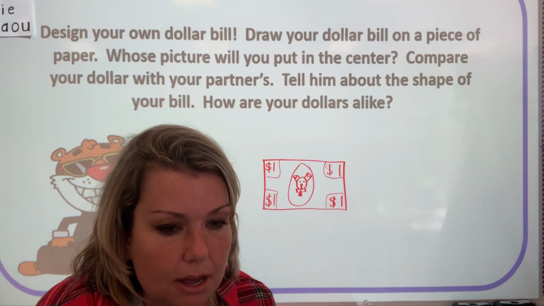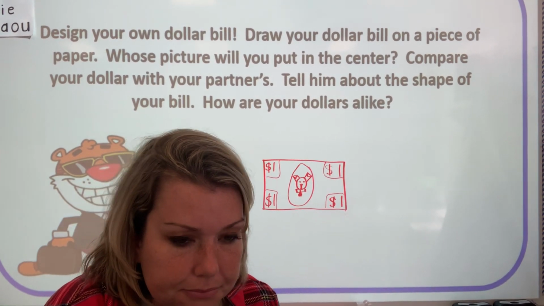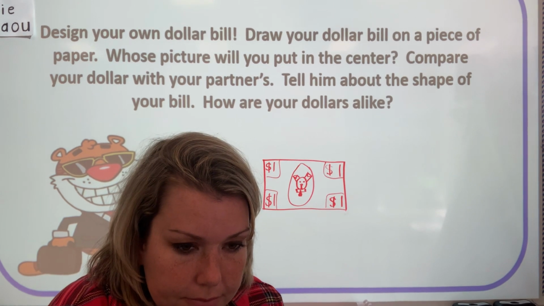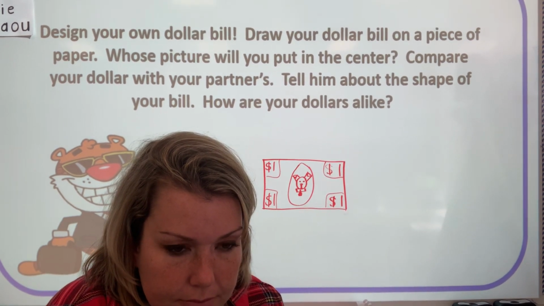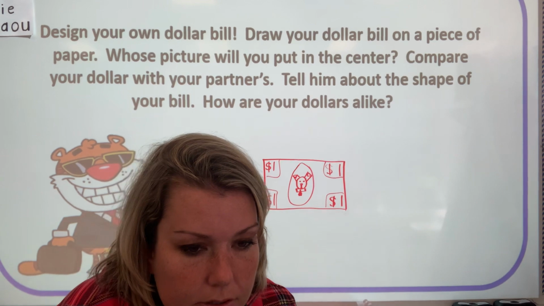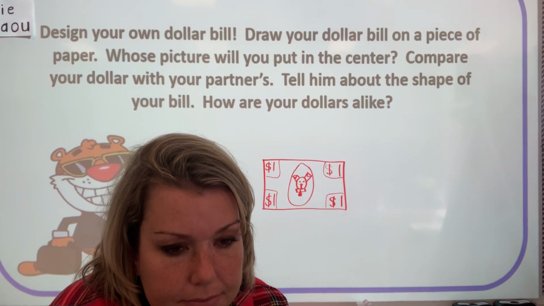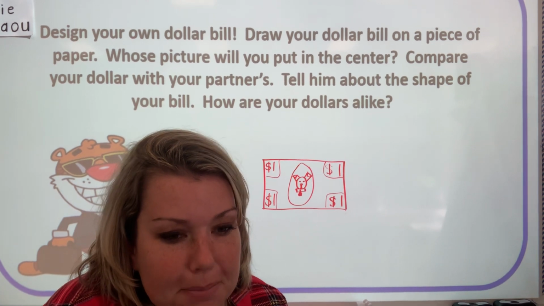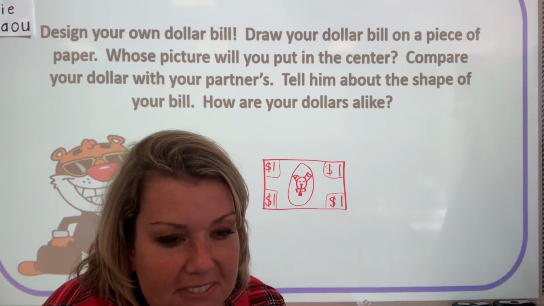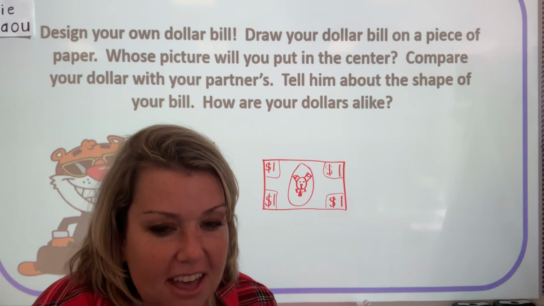You can still hold it up, just unmute your mic. What does your picture have in the center, Adeline? A picture of me in it. It has a picture of you in the center. Very good. I love that.